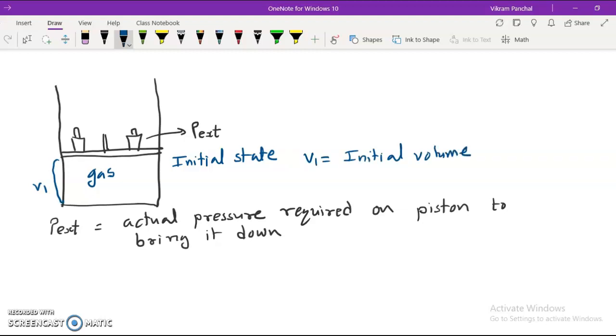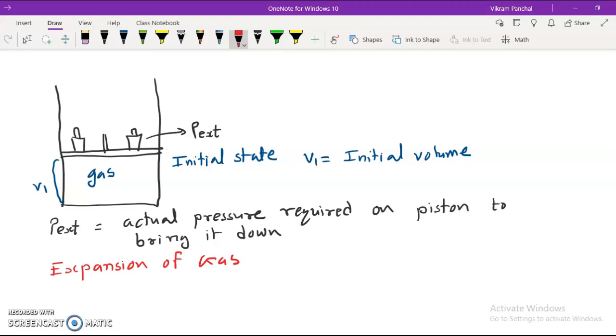Now, if expansion of gas takes place, this piston will move upward.